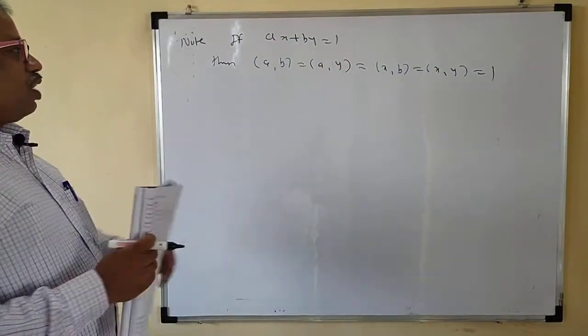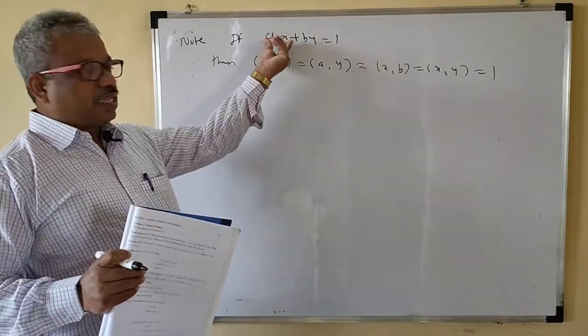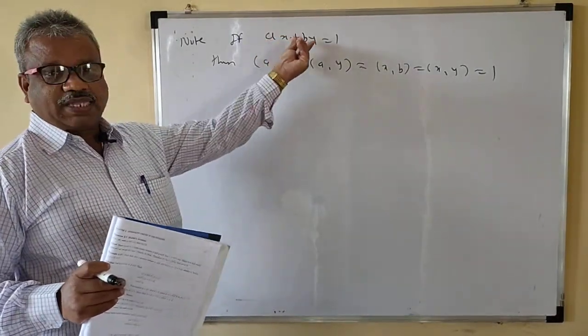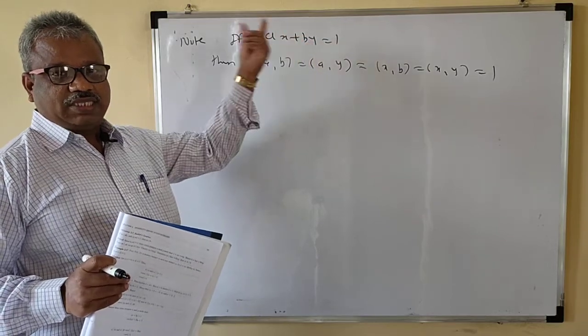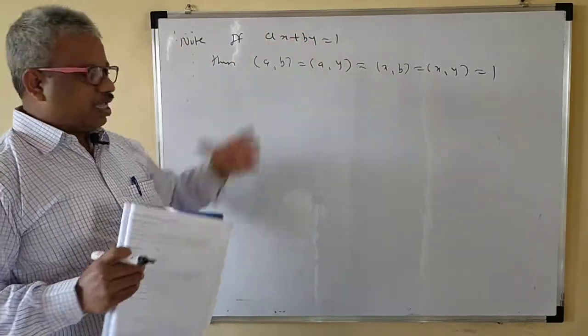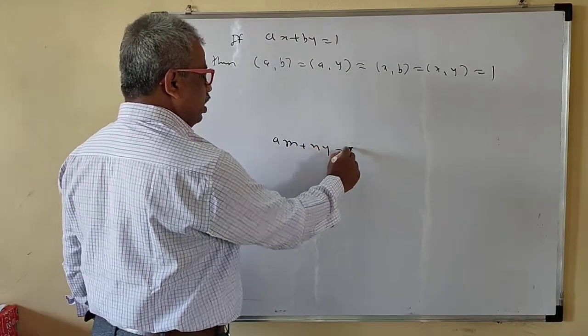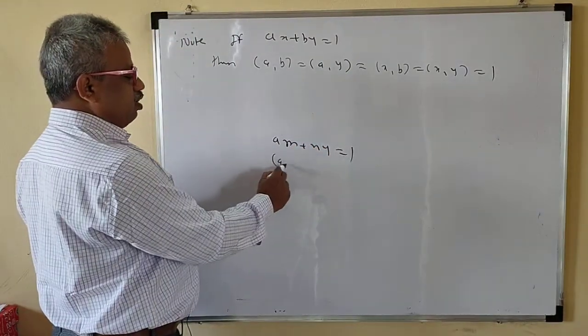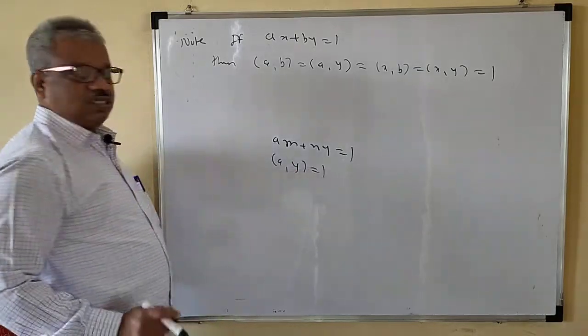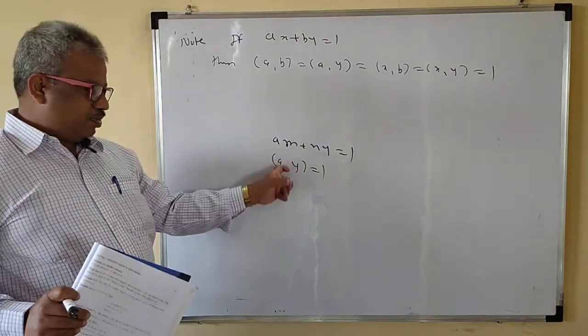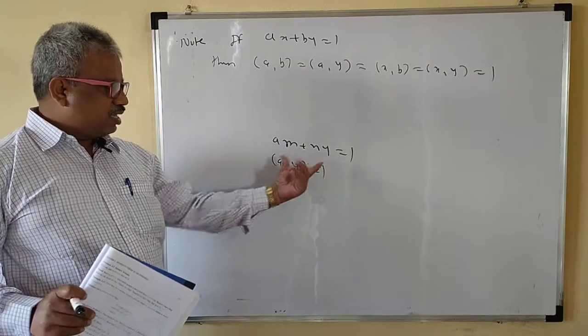That means if this linear combination is 1, then taking 1 from the first term and 1 from the second term, the GCD is always 1. So whenever you have AX plus BY equal to 1, you can write that GCD of A and B is 1.